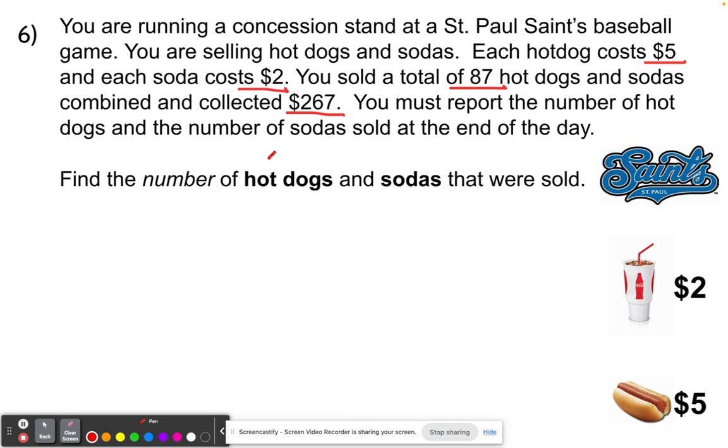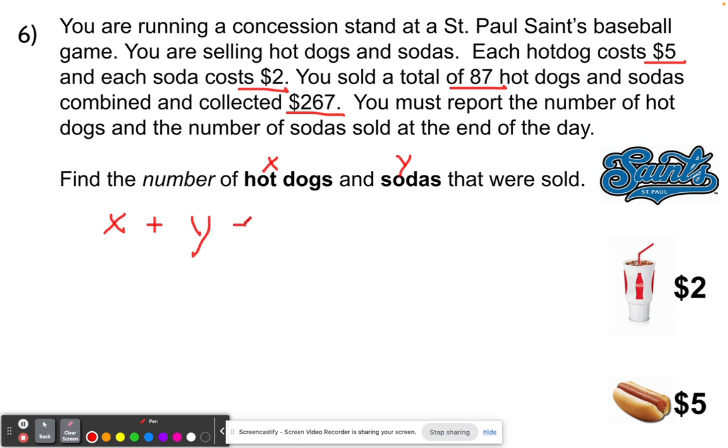So I'm going to call my hot dogs X and my sodas Y. So I know I sold a total of my X plus my Y, my hot dogs and my sodas together. I sold 87.